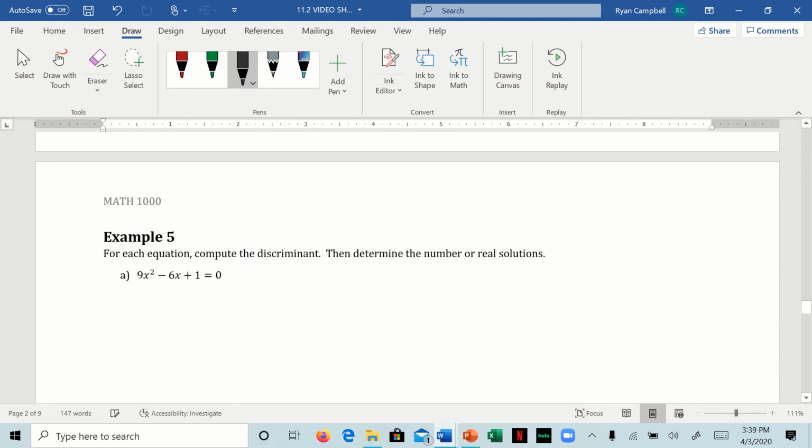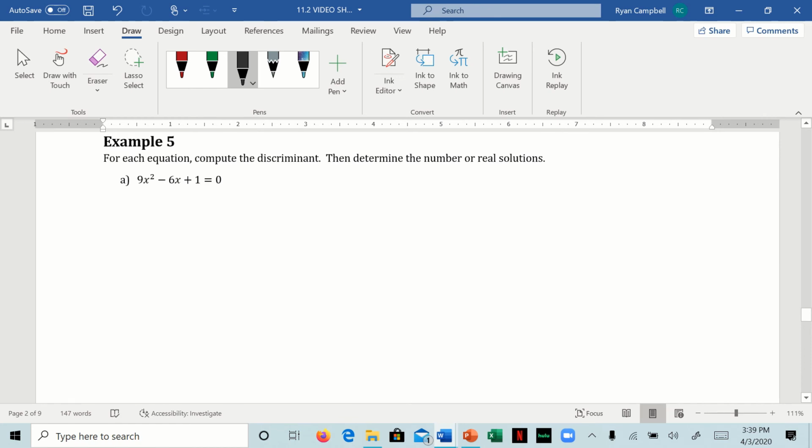All right, last example, and then we are calling it a day for this lesson. For number 5, compute the discriminant and then determine the number of real zeros. Remember, the discriminant is the inside of the radical, so b squared minus 4ac.